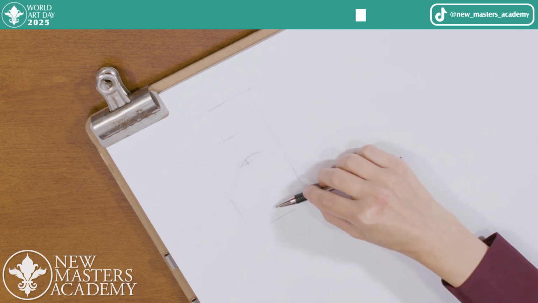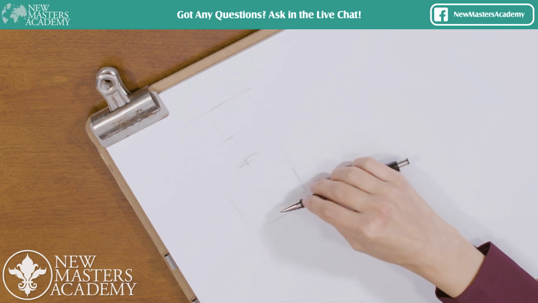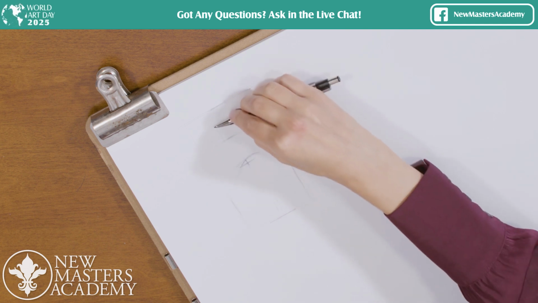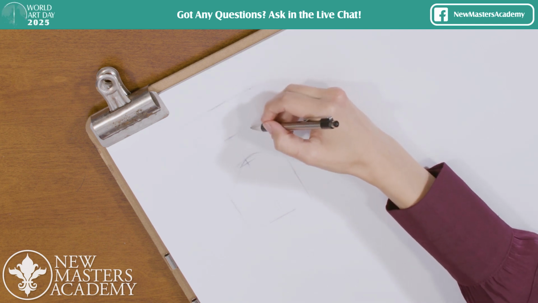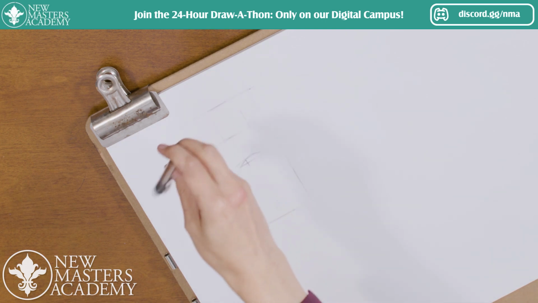So something like that. Yeah, so that would be about the width of that cap. So I'd put that about here. And I think that's about right. That looks about right to my eye.